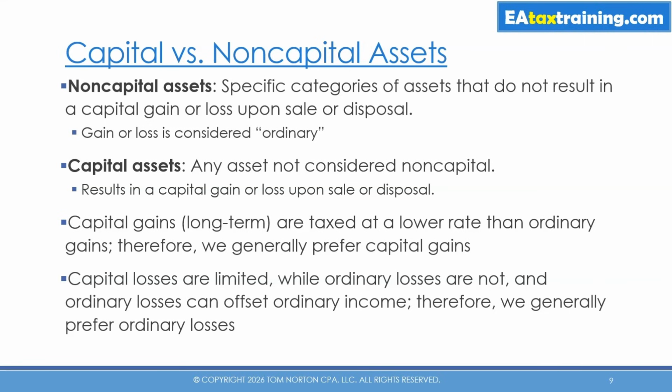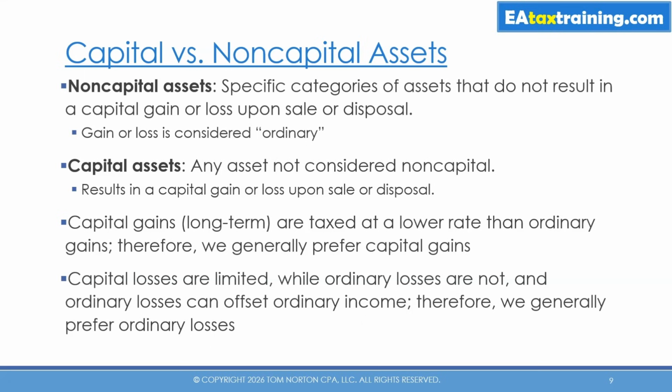Therefore, taxpayers generally prefer capital gains because if it's a long-term capital gain, it is taxed at a lower rate. Capital losses, on the other hand, are limited, while ordinary losses are not. And ordinary losses can be used to offset ordinary income. Therefore, taxpayers generally prefer ordinary losses.